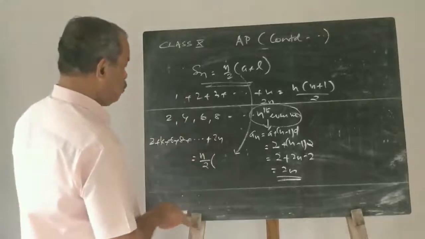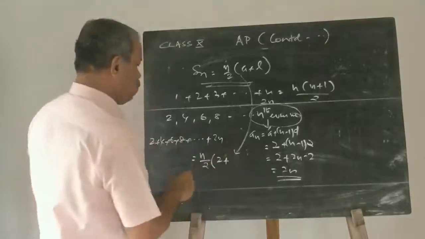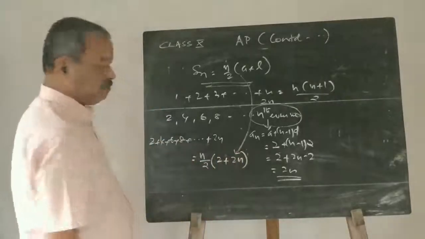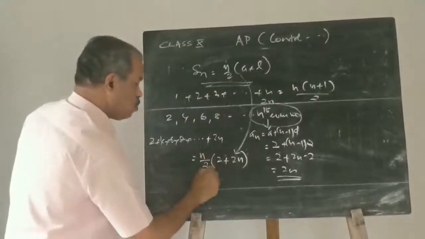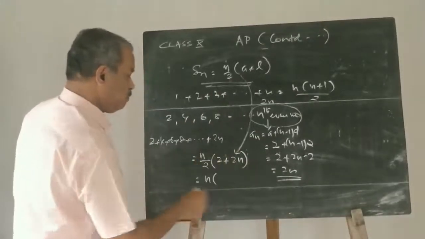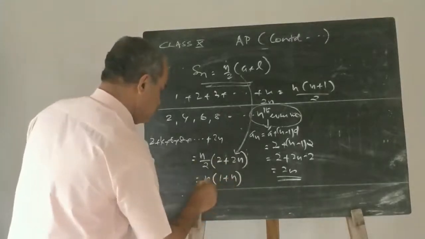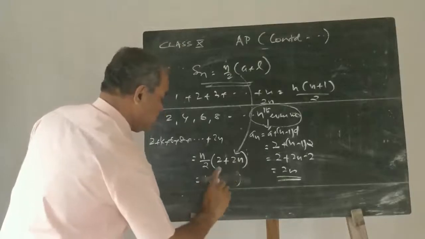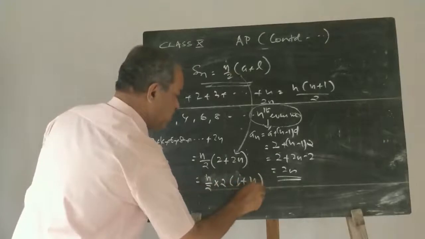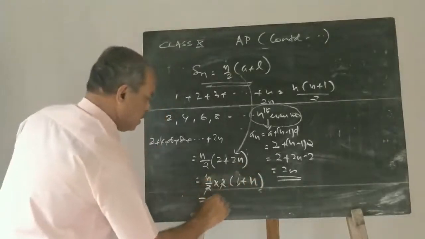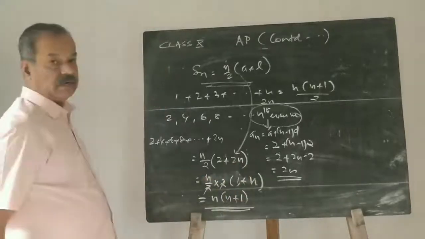So n by 2 into (first term 2 plus last term 2n). 2 plus 2n equals 2 common, 2 into (1 plus n). The 2 and 2 get cancelled, leaving n into (1 plus n), which can be written as n into (n plus 1).